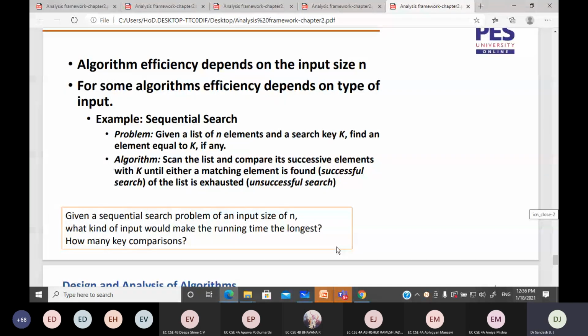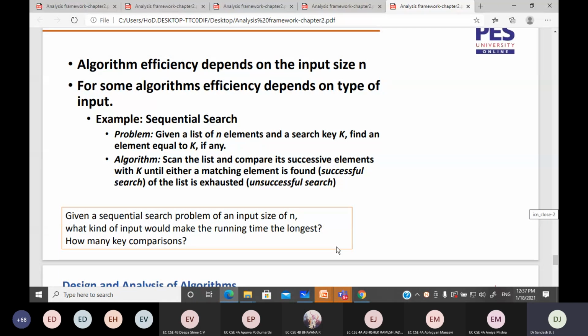If you don't find the element, then you say it is an unsuccessful search. So you write an algorithm which scans the list and compares its successive elements with the key element until either a matching element is found, which is called a successful search, or the list is exhausted, that means to say you have not found the element.